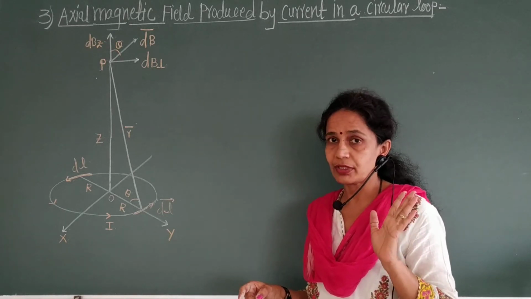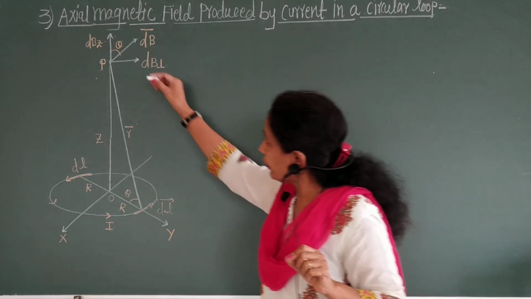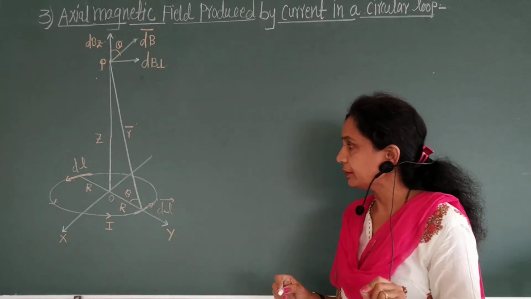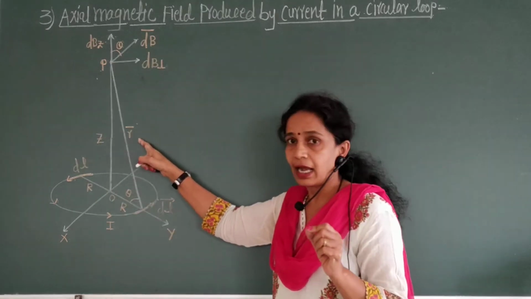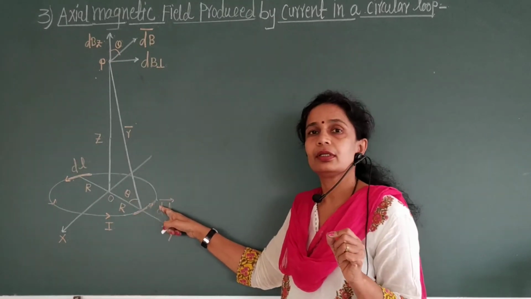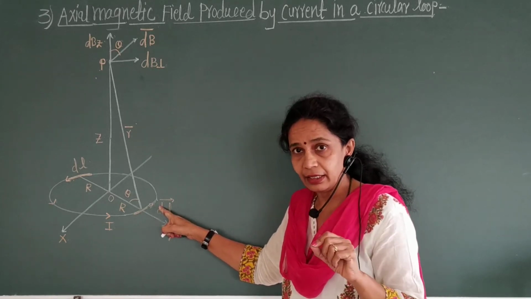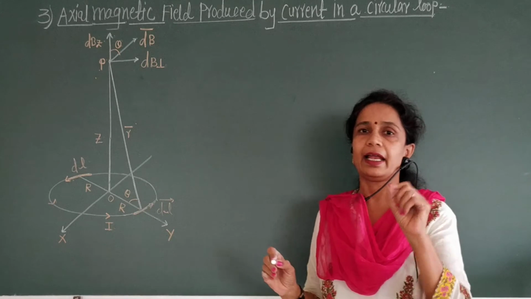Understood what I am saying? We have to find out the magnetic field at point P at a distance r from the length element dl on the z axis.